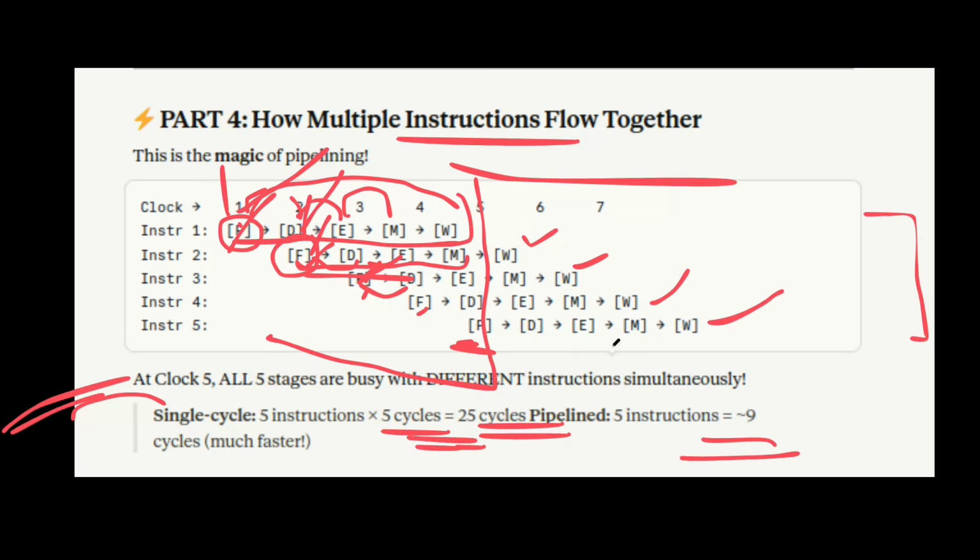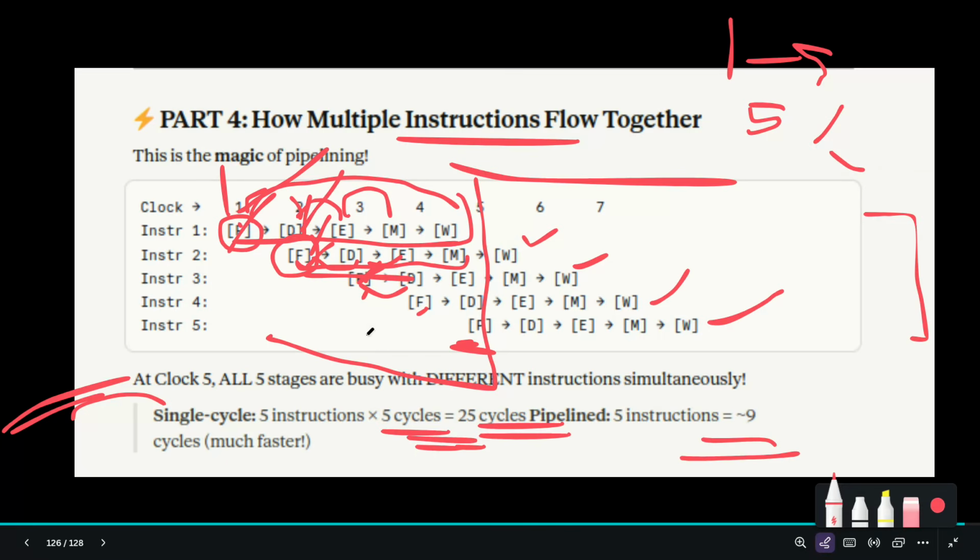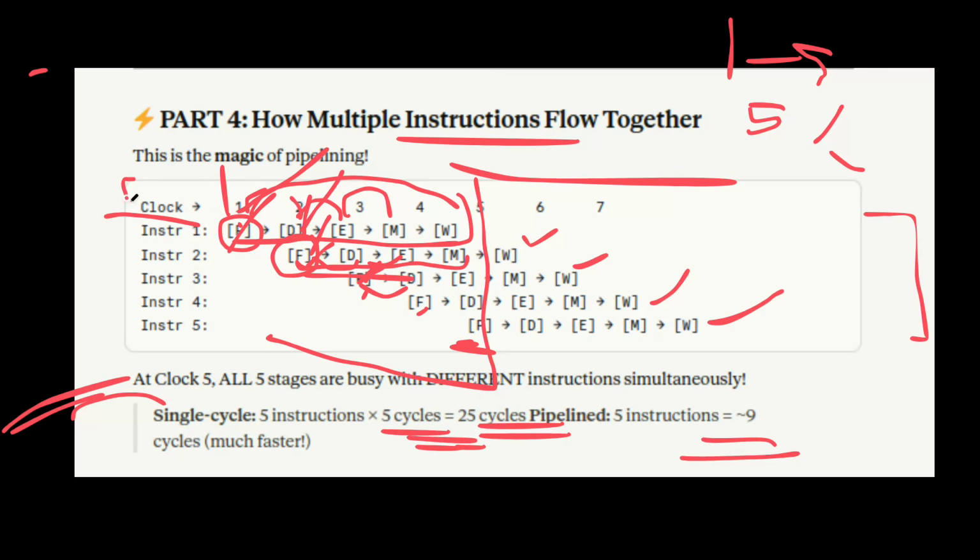So if you see, one instruction requires 5 cycles in single cycle. So if there are 5 instructions and each requires 5 cycles, 25 cycles are needed. But if you see here, for this instruction how many cycles are needed? 5 cycles are needed.